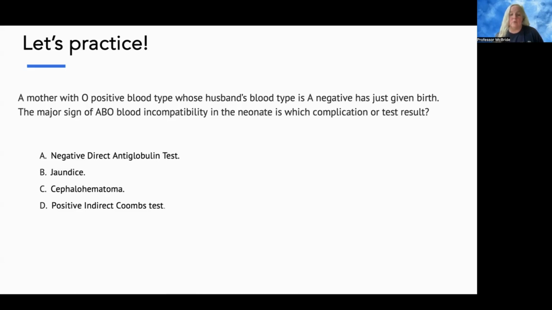Positive indirect Coombs test: remember that the indirect Coombs is finding antibodies in the mother's blood. Direct Coombs test is if it finds the antibodies on the baby's red blood cells. So of these choices, the major sign of ABO blood incompatibility in the neonate, the answer would be B, jaundice.